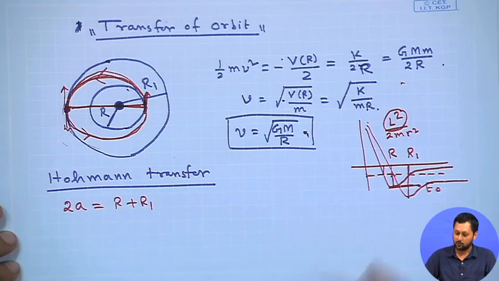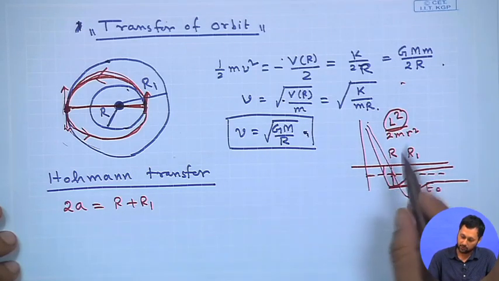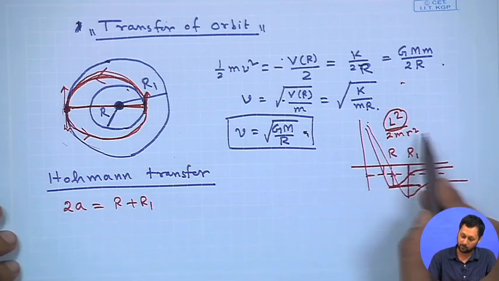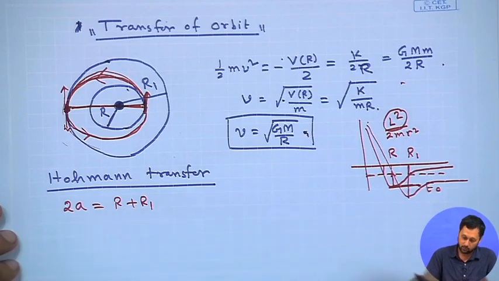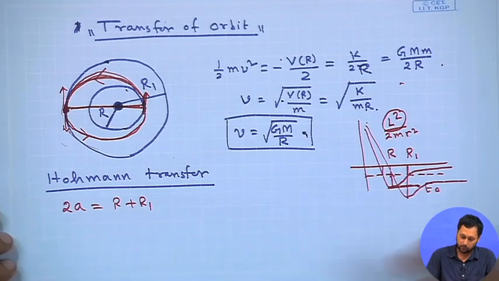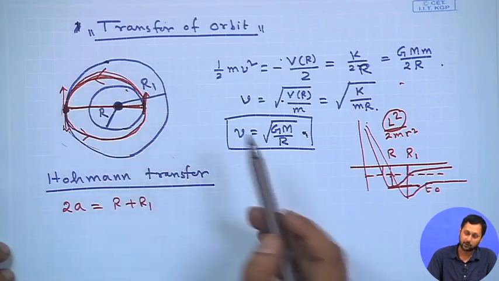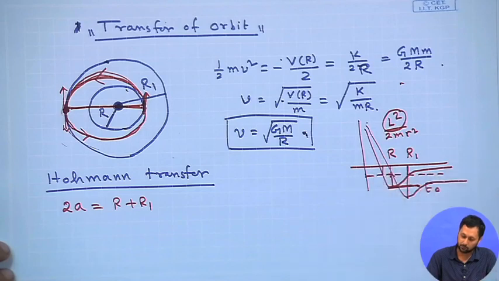Please remember that this effective potential we draw is a strong function of L square by 2m r square, right. If we change the velocity of the satellite, which is in our hand essentially, we are modifying this effective potential.